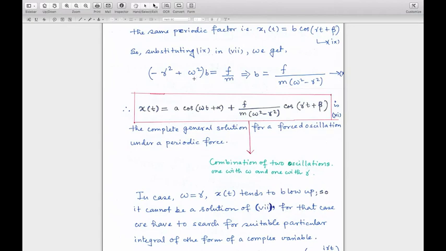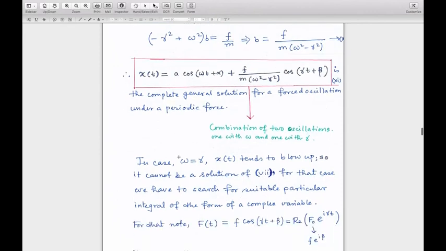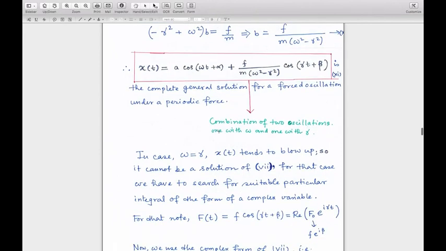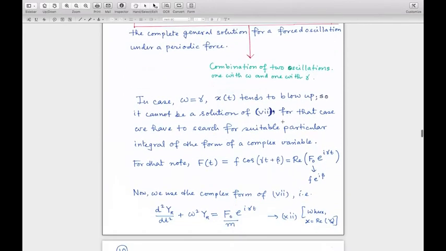So if γ is exactly equal to one of the solutions, this type of trial solution doesn't work. So for that case we have to search the suitable particular integral in the form of a complex variable, and that's much easier.